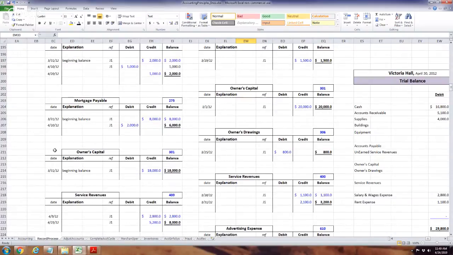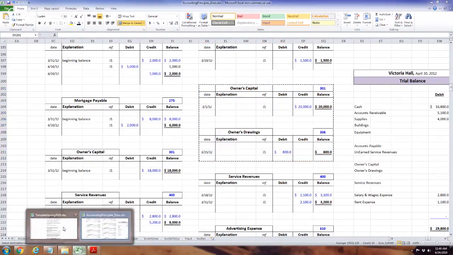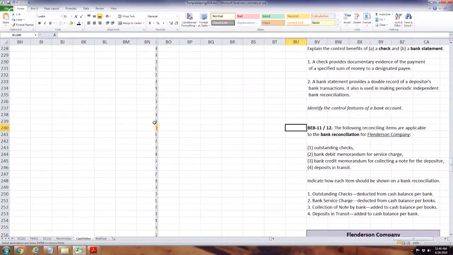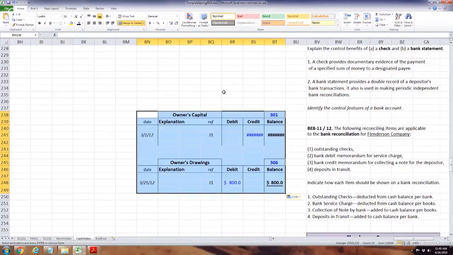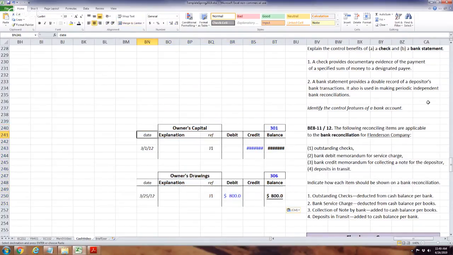Here's the capital account and the drawings and sort of how this all works. So we're going to just drop this somewhere for you. Okay, so you're here with this.